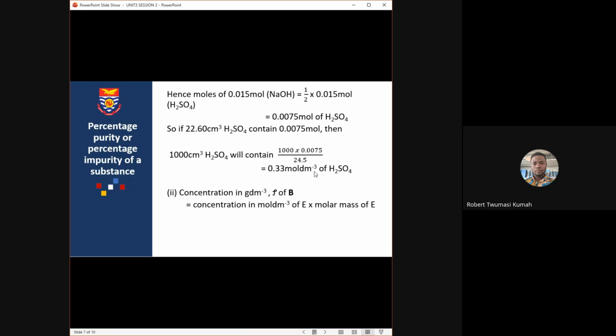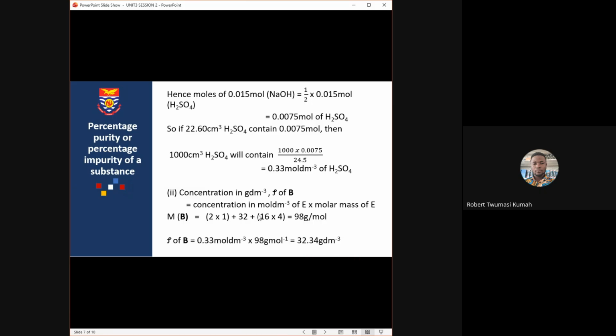We know the formula. Rho, mass concentration, equals amount concentration times molar mass. This is the amount concentration. Molar mass, we can comfortably compute. That is 98 grams per mole.